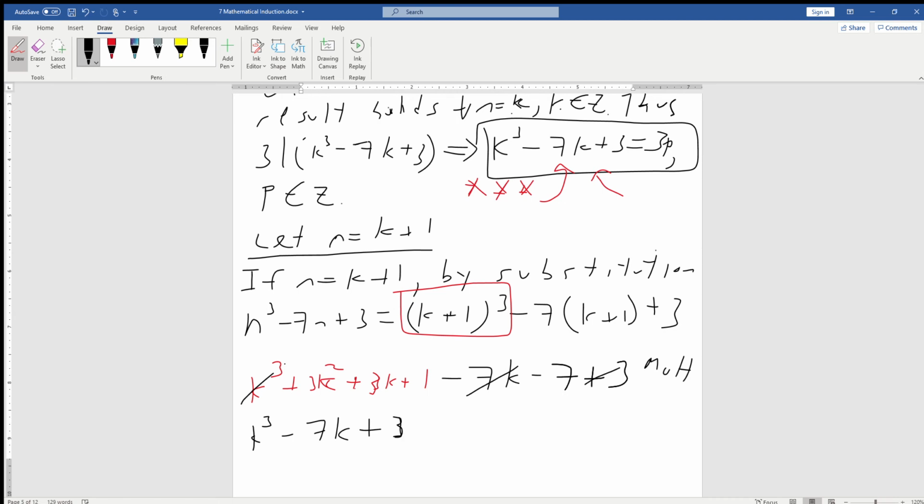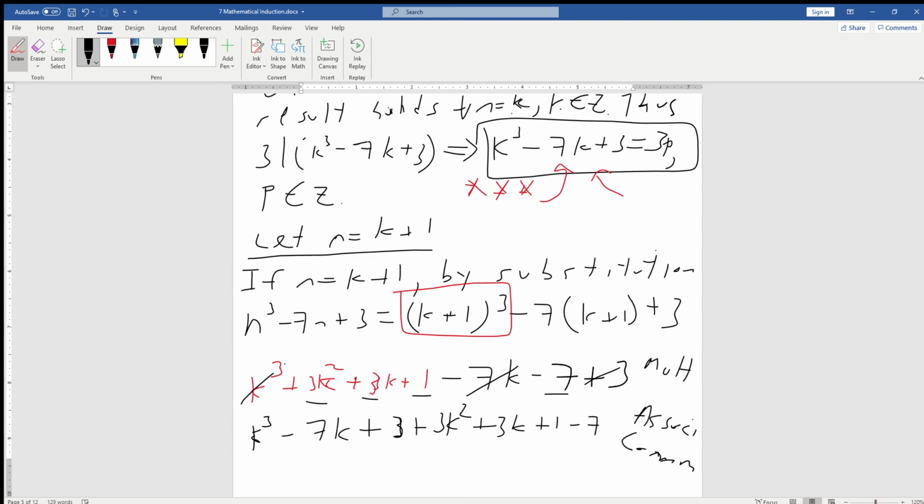And the rest of it I'm just going to bring down as well. So I'm going to say plus 3k squared plus 3k plus 1 minus 7. And that's by our associative and also by our commutative properties.